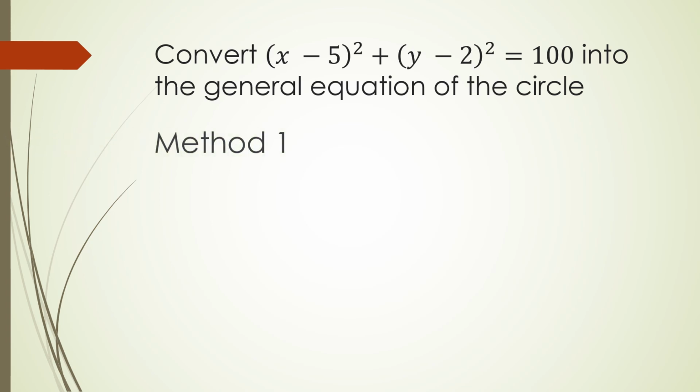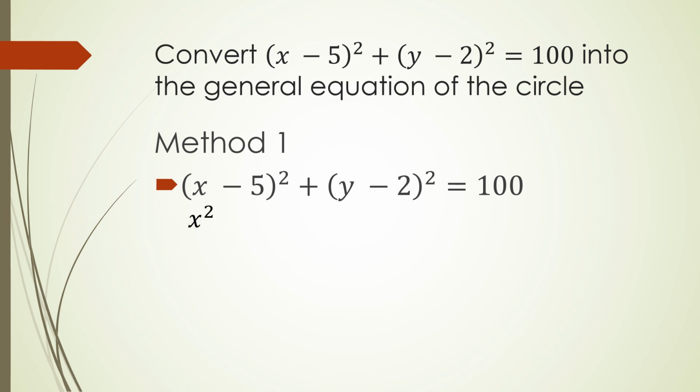The first method is that we are going to expand (x - 5)² + (y - 2)² = 100. So we square the first term, x², double the product of the first and second term, negative 5 times x, which is negative 5x times 2, giving negative 10x.